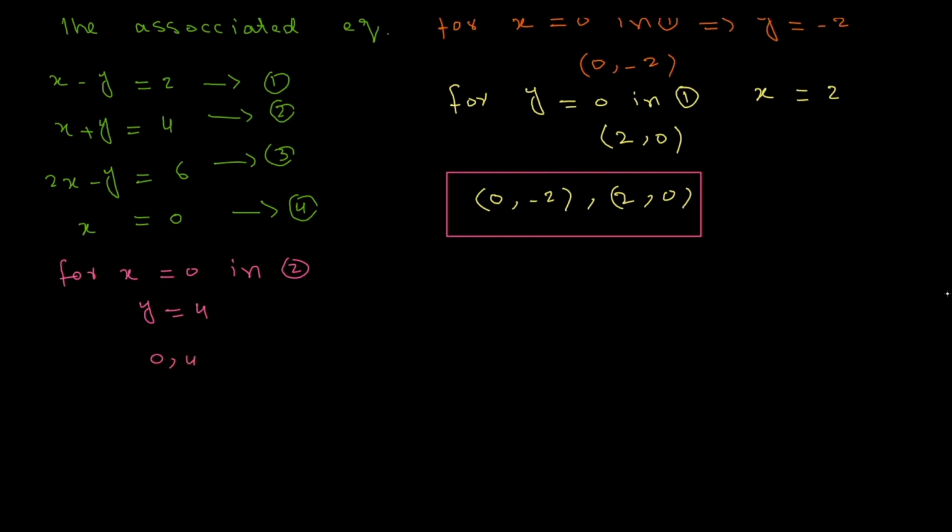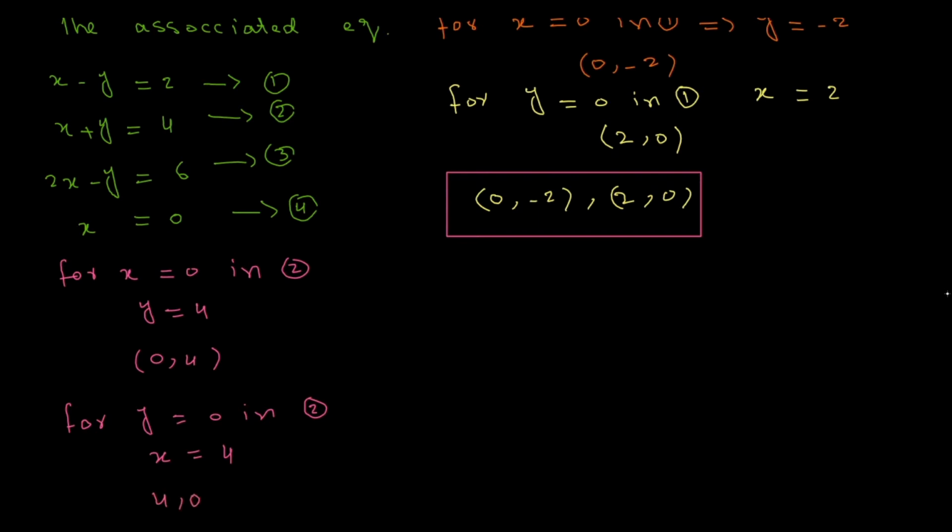In a similar way, for y equals 0 in equation 2, x equals 4, so our point is 4 comma 0.